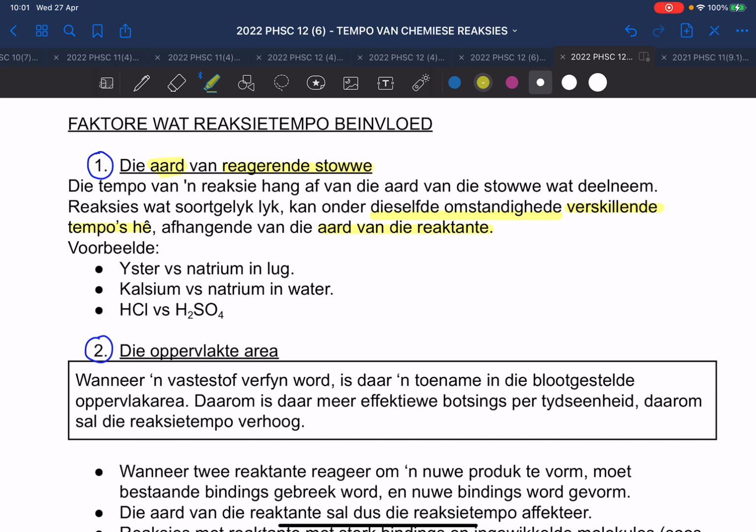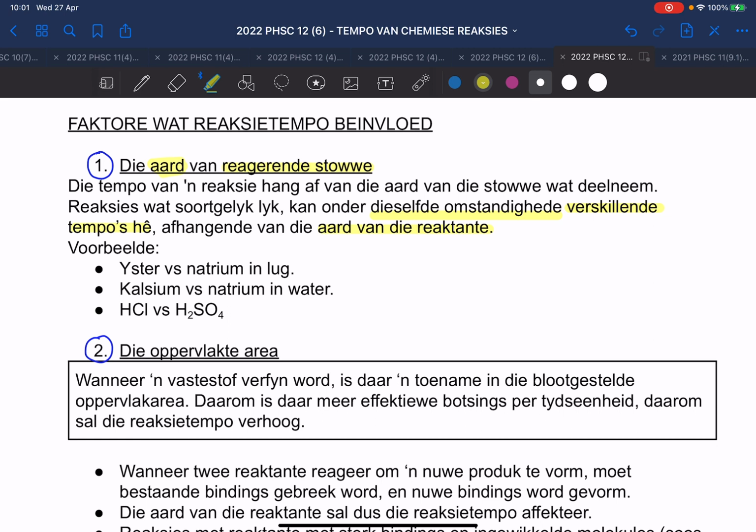The same thing with the substances that we work with, stowwe waarmee ons werk. Here we have acetic acid, asynsuur, suiwer, and here we have hydrochloric acid, pure hydrochloric acid.